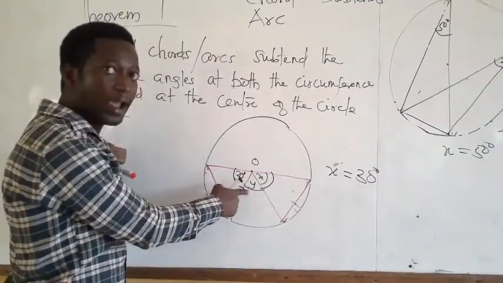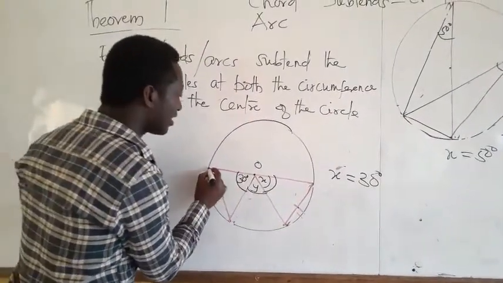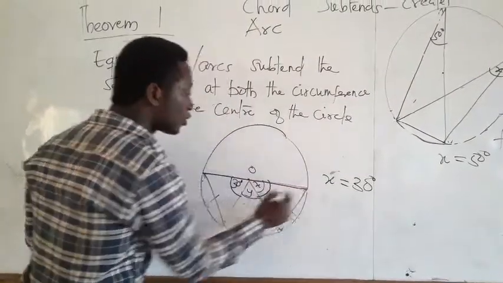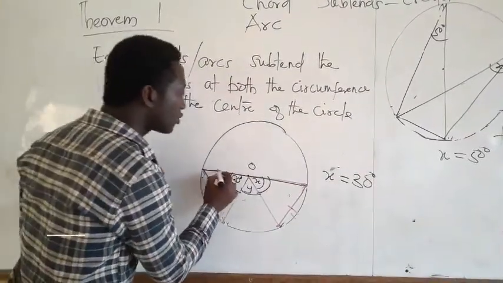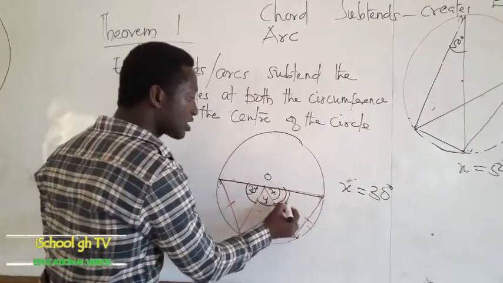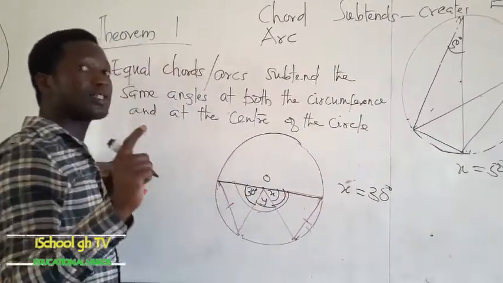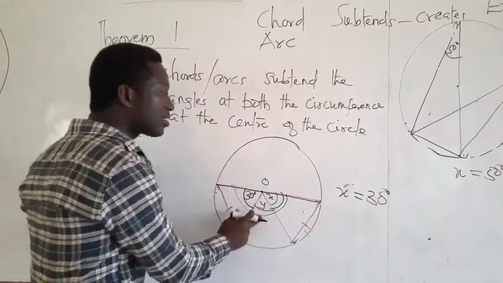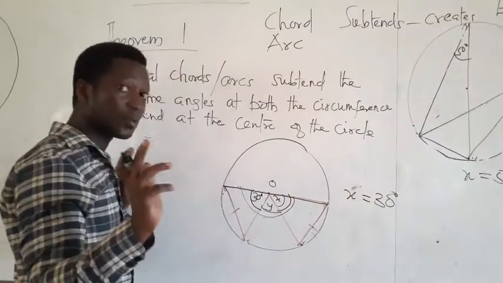But what will be y? Now you see this is a straight line. Anytime you have a straight line, going back to plane geometry 1, angles on a straight line make up what? 180. So if you add these, you are going to get 180.